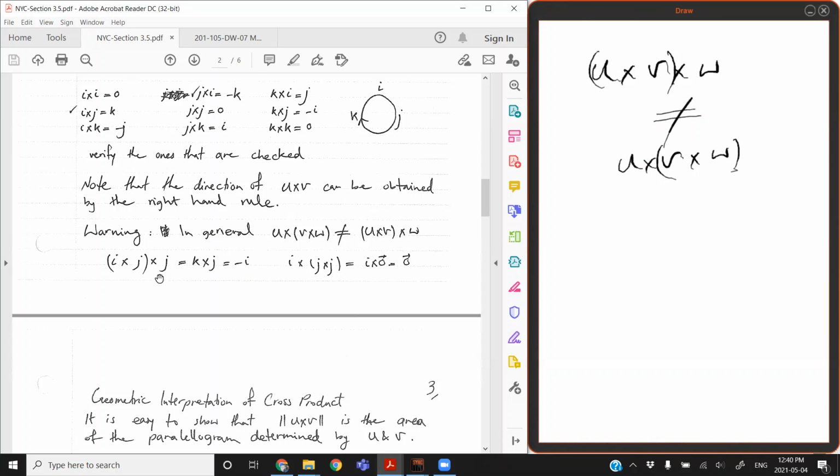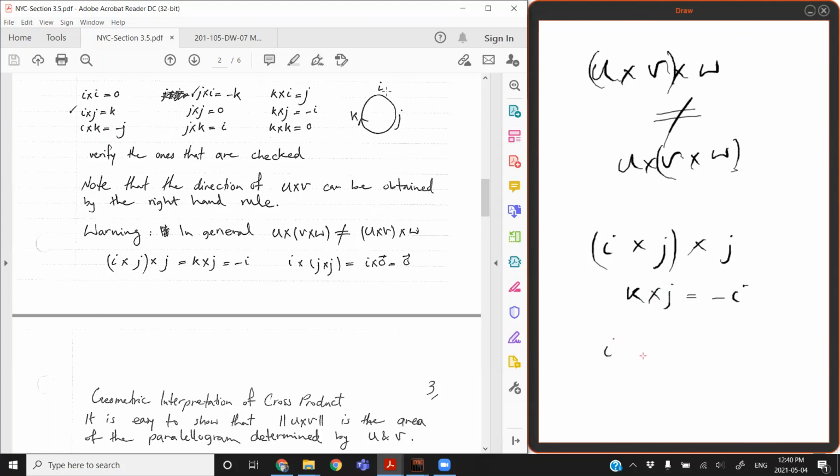And here you have an example. Imagine I have i, j, and j in this order. I have i cross j cross j. Now, this is an ambiguous expression because I don't know which one to do first. If I do this one first, i times j is going to be k, and then k times j, that's counterclockwise, I'm going to get minus i.